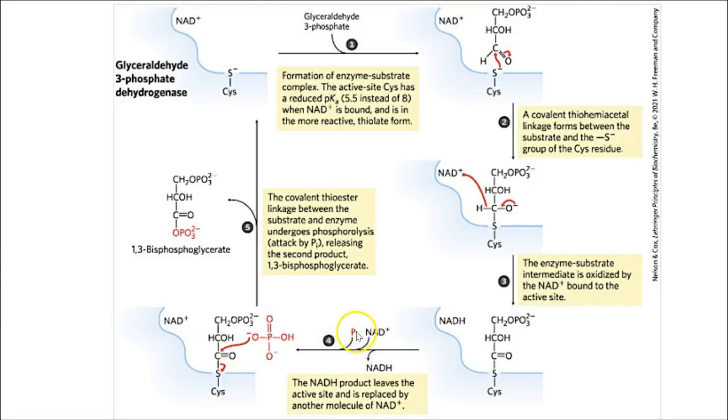Also, what goes into the reaction is the inorganic phosphate. And from there, that inorganic phosphate does a nucleophilic attack to that carbonyl, and now attaches the phosphate group to the glyceraldehyde 3-phosphate and releases it from being attached to that cysteine amino acid residue. And now you have, as far as your final product, the 1,3-bisphosphoglycerate.